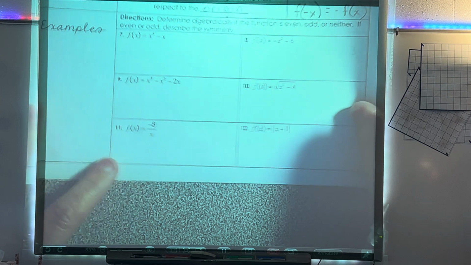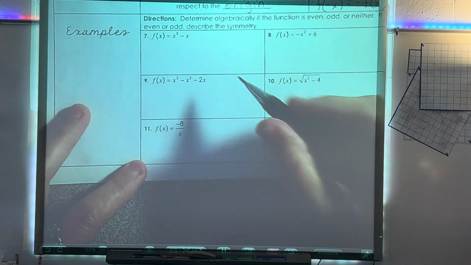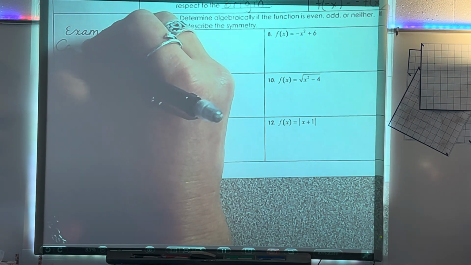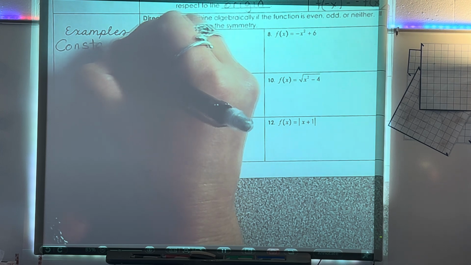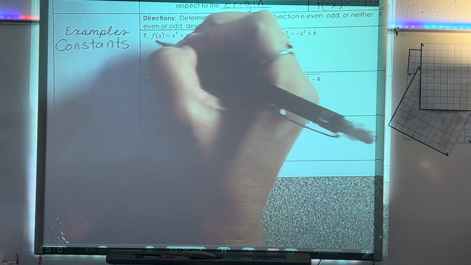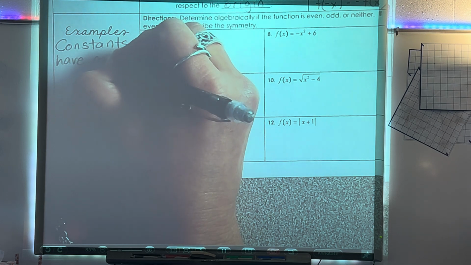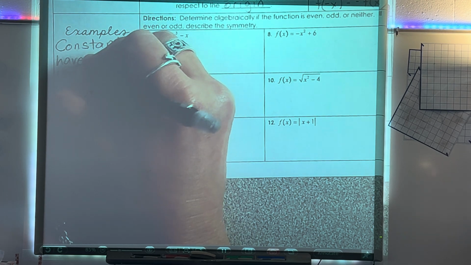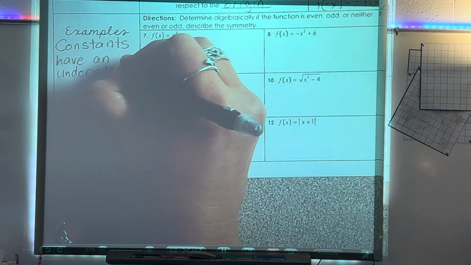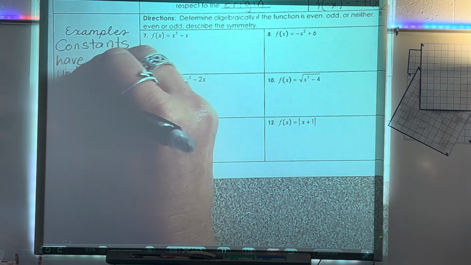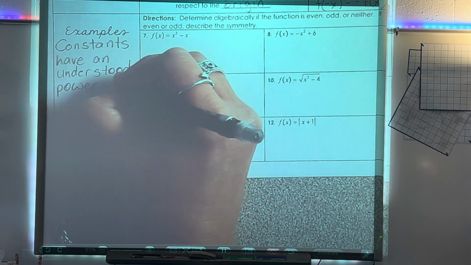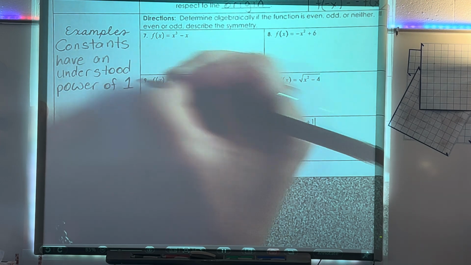Let me explain something here too, in case you don't remember. Constants, that would mean numbers at the back of your function, have an understood power of 1.